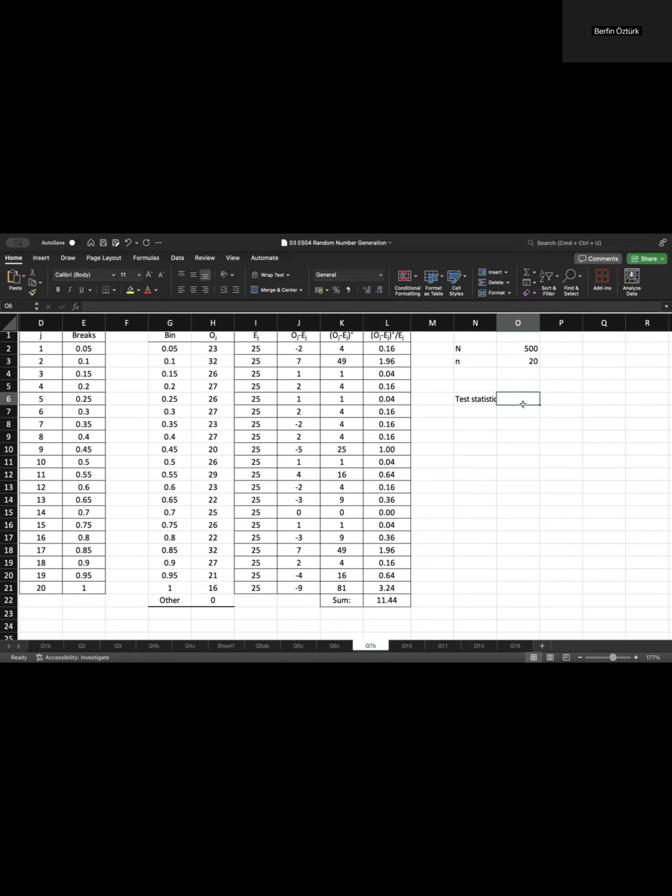Okay. But this is very distinct from here because we have 500 here and it was a different question. If we sum these values up, it's 11.44, which is our test statistic.